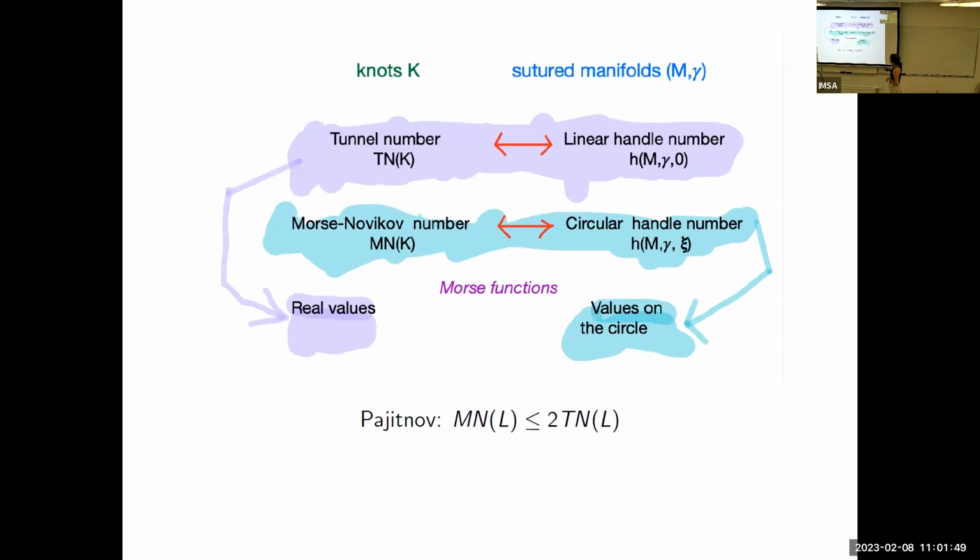And so the idea is to move these concepts to sutured manifolds. For these invariants of knots, there is a relation between these numbers. So the Morse number of a knot is bounded by its Tonnen number.